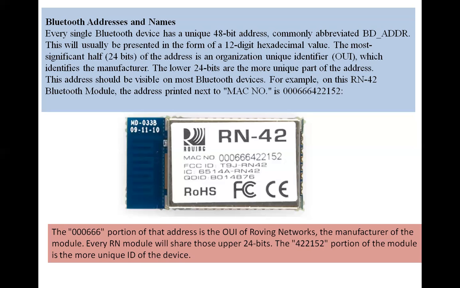Every RN module will share those upper 24 bits. The 422.152 portion of this module is the more unique ID of the device. Okay.